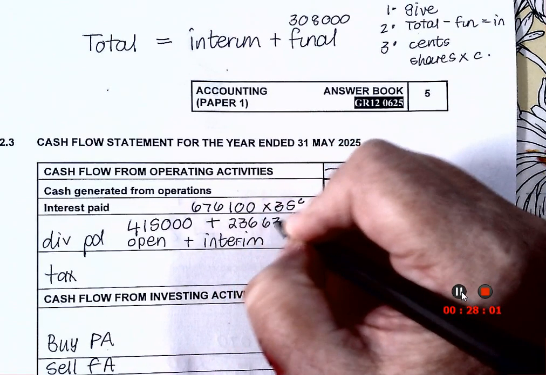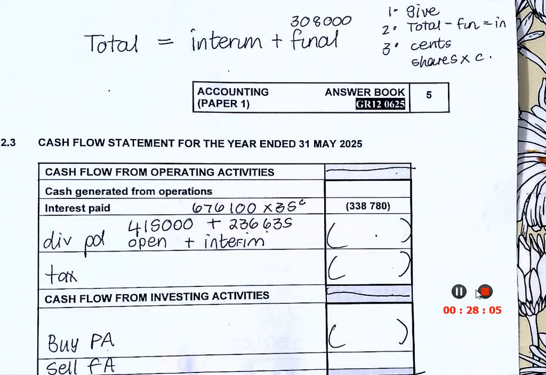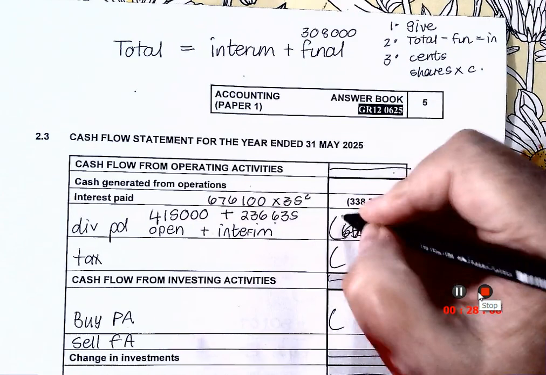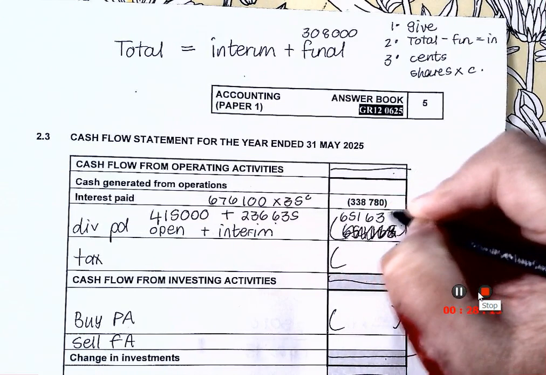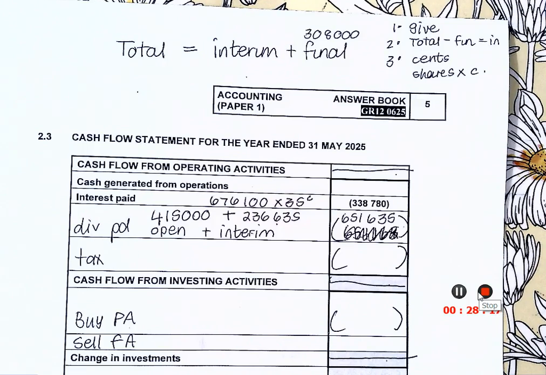And now I add those two to give me the payment, whole thing. And you do it again. So it's 651,635. Okay. Is everybody happy with this one? No problems.